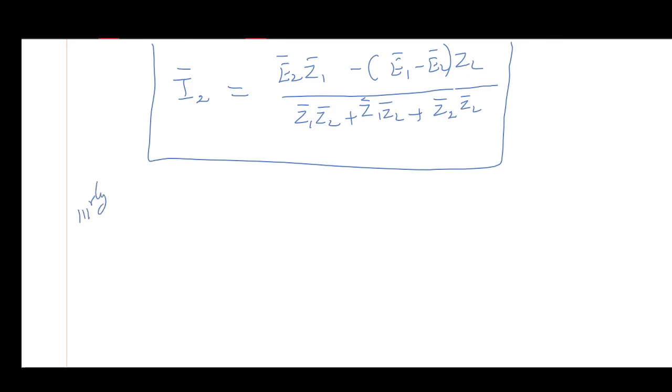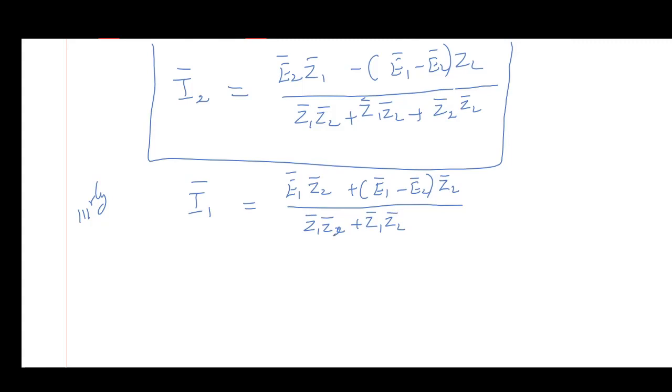Similarly, if we derive the value for I1, we will get the equation I1 vector is equal to E1 Z2 vector plus E1 vector minus E2 vector into ZL vector divided by, the denominator will be same, Z1 Z2 vector plus Z1 vector ZL vector plus Z2 vector and ZL vector.